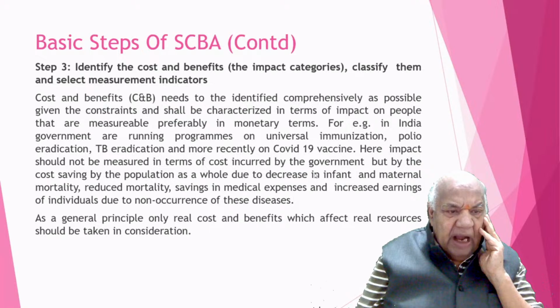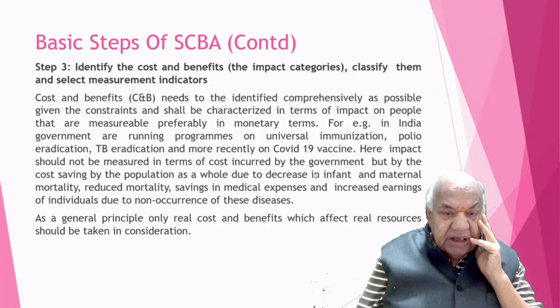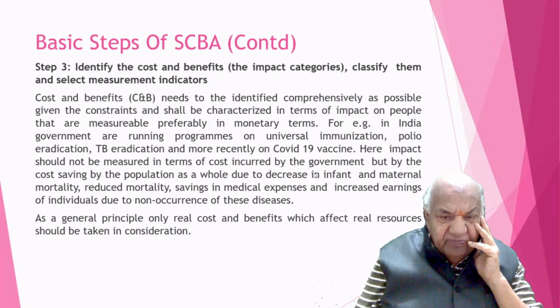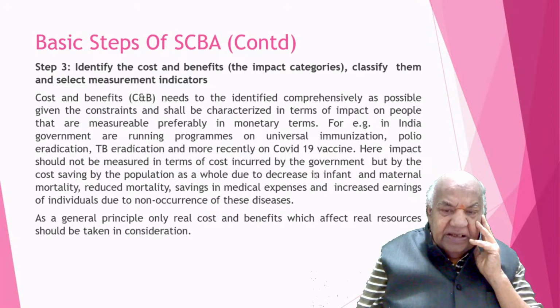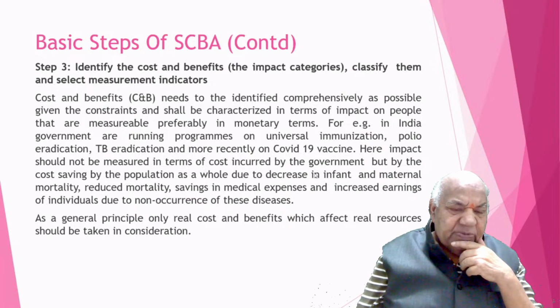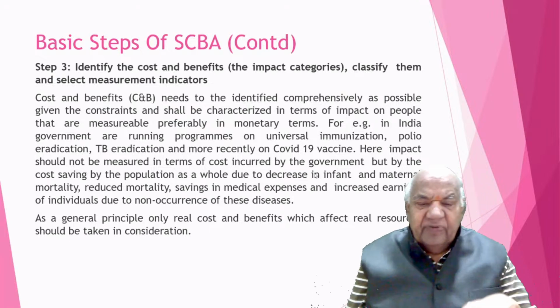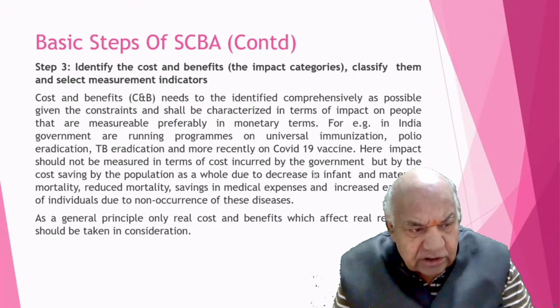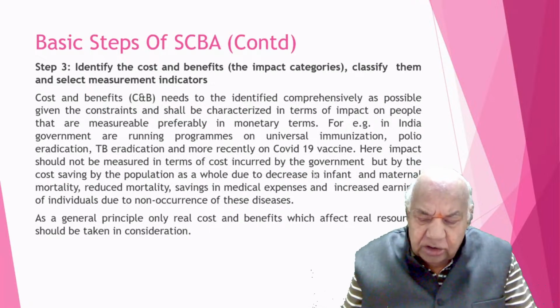Here, impact should not be measured in terms of cost incurred by the government, but by the cost saving by the population as a whole due to decrease in infant and maternal mortality, reduced morbidity, savings in medical expenses, and increased earning of individuals due to non-occurrence of these diseases. As a general principle, only real costs and benefits which affect real resources should be taken into consideration.